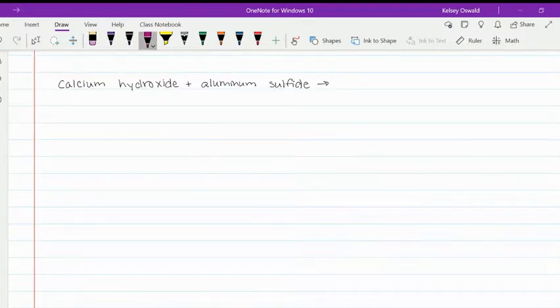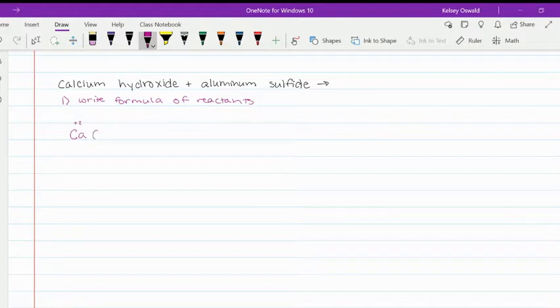Calcium hydroxide and aluminum sulfide. We're going to start these the same way we did all of our previous reactions. Our first step is to write the formulas of our reactants. In order to write our formulas, we need to look at our charges. If we look at calcium on the periodic table, calcium is going to have a +2 charge.